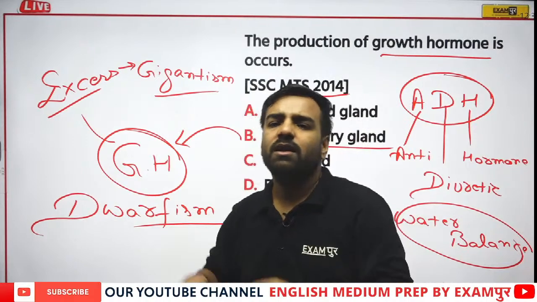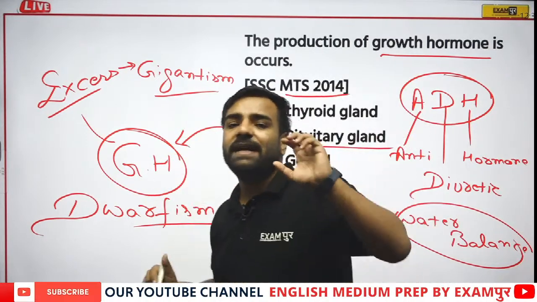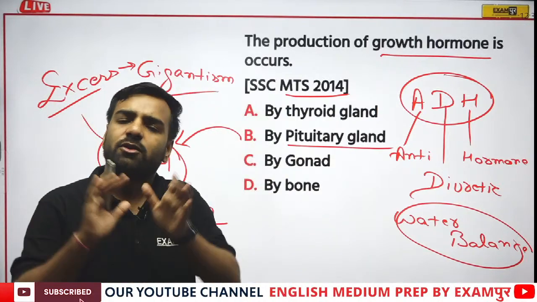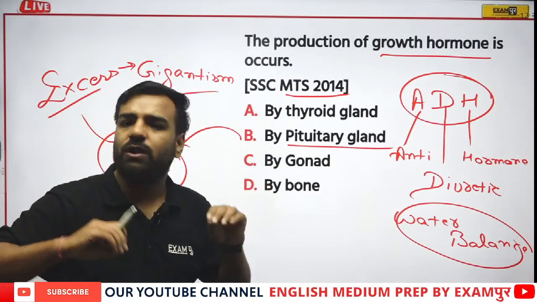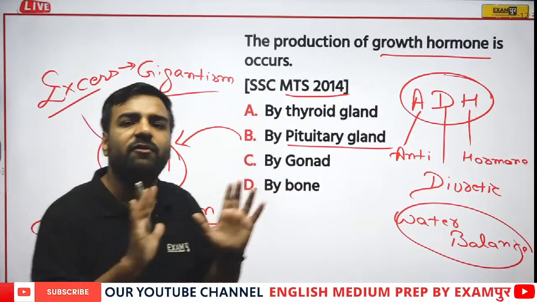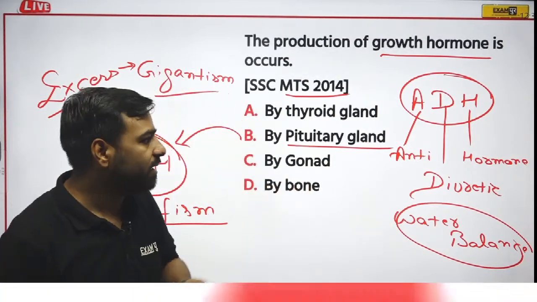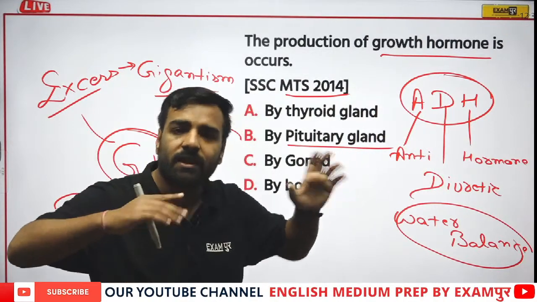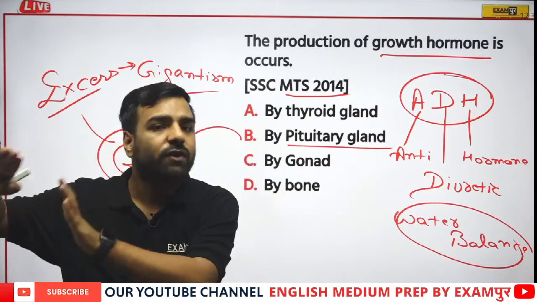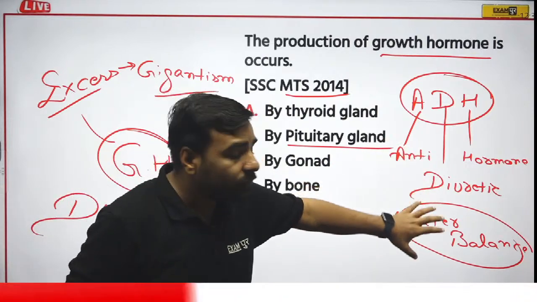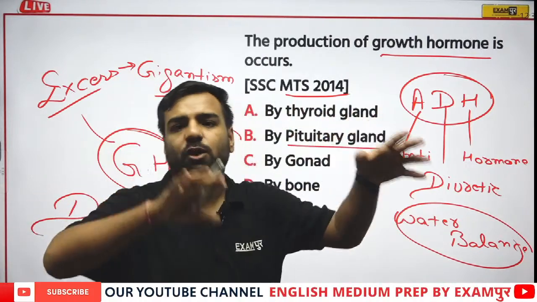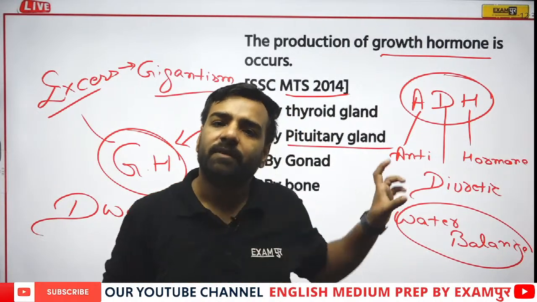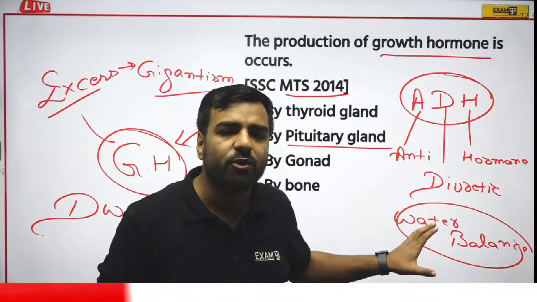What kind of issue? Whatever you are eating, there might be several things where we can take the example of ammonia and all, correct? That is present in our body. We have to remove that so that our body doesn't face any issue. So what is going to happen? All those unwanted things are mixed with water and excreted out in the form of urine. So here, how much water is required and how much water can be excreted out is maintained by a hormone which is ADH, anti-diuretic hormone.